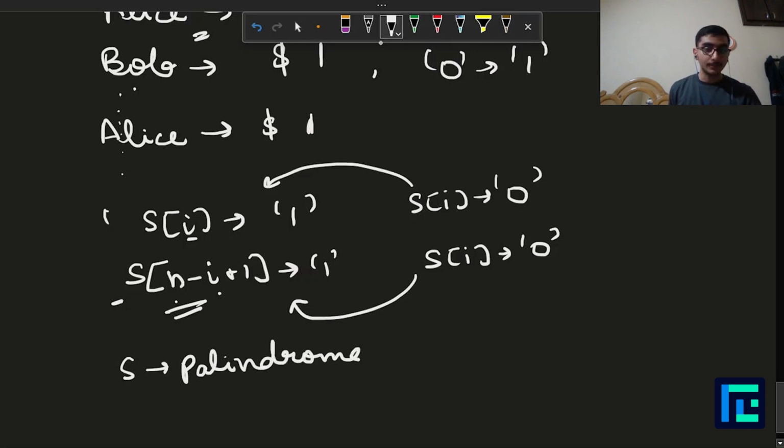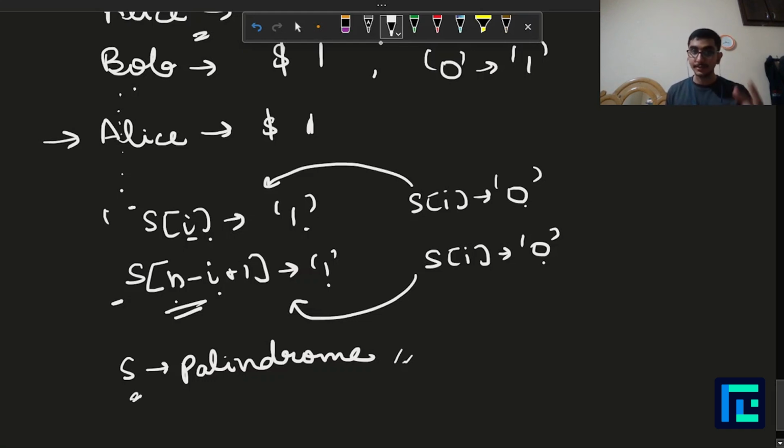Why is that? Because before the first operation, s was a palindrome. Alice changed some 0 to a 1, and then Bob changed the paired 0 to 1. So again, it becomes a palindrome. So on the third step, Alice does not have a choice to reverse because s is currently a palindrome.